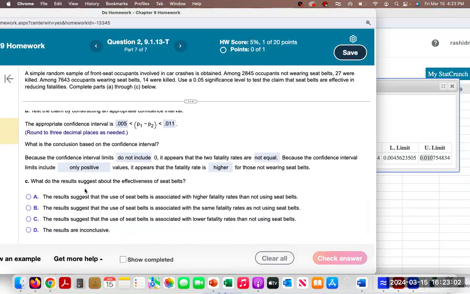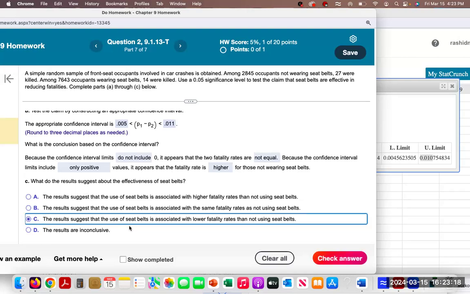What did the results suggest about the effectiveness of seatbelts? So it does suggest that wearing a seatbelt is effective. The results suggest that the use of seatbelts is associated with lower fatality rates than not using seatbelts.